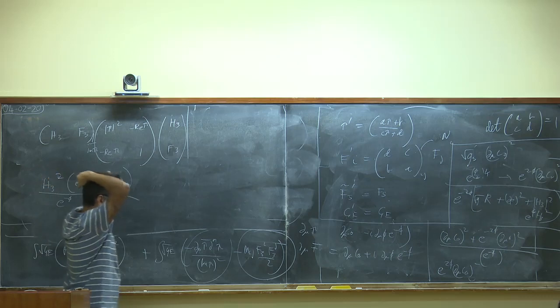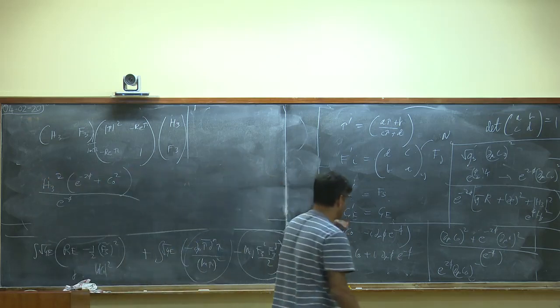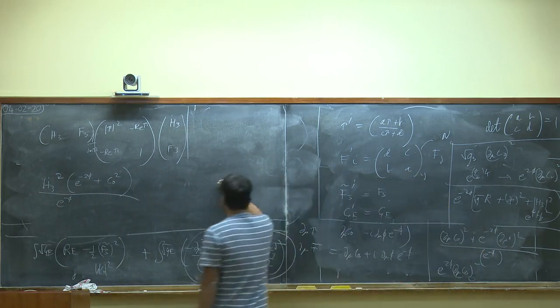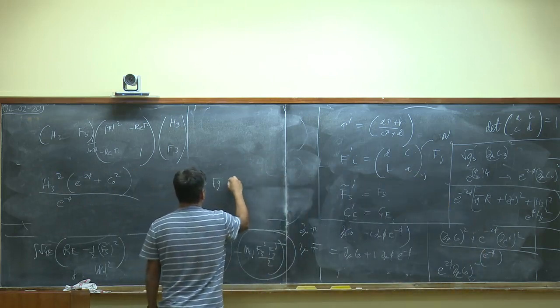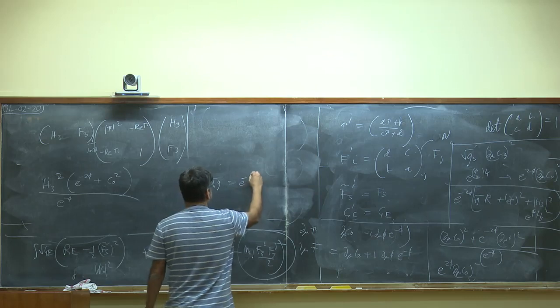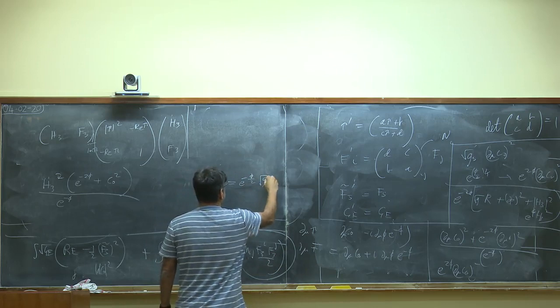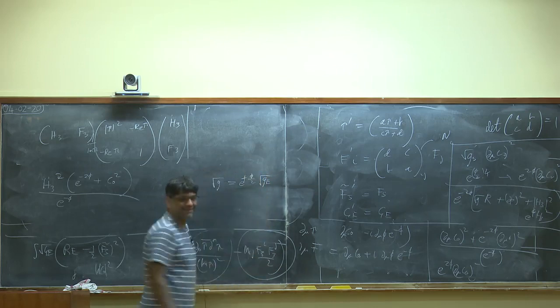Just a minute. Let me check that. Let's check that expectation again. What were we doing? We were doing square root g is equal to e to the power minus 5 by 2 square root g. No, plus 5 by 2.